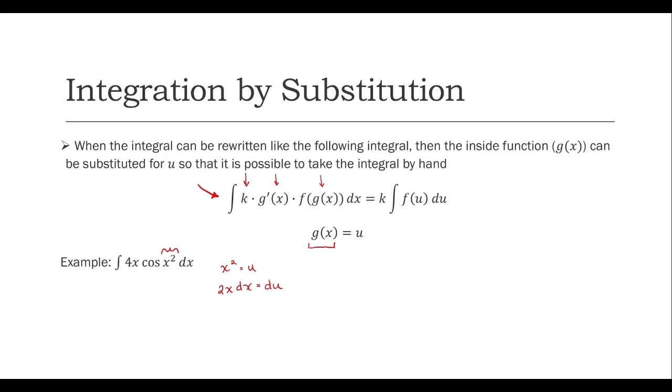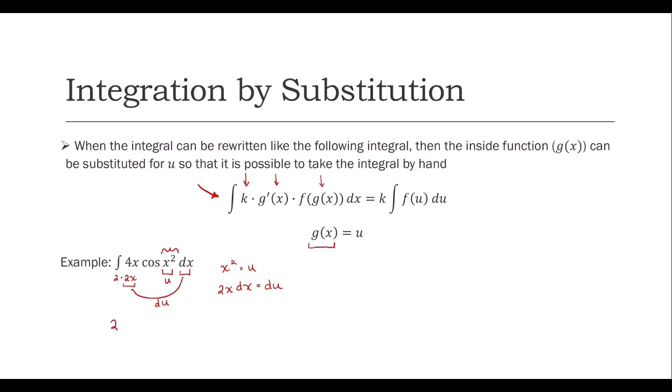So 2x dx equals du, and x squared equals u. So this will be u, and then if we have 2x, so we pull a 2 out, and our dx, so this and this equals du.